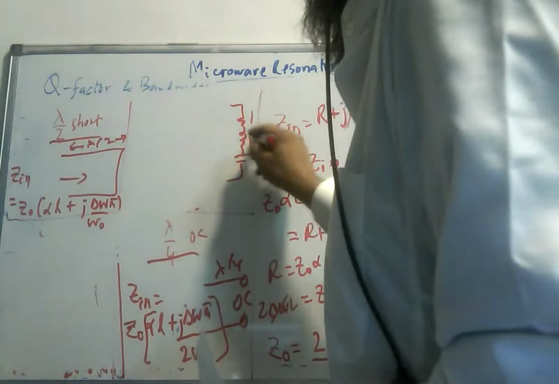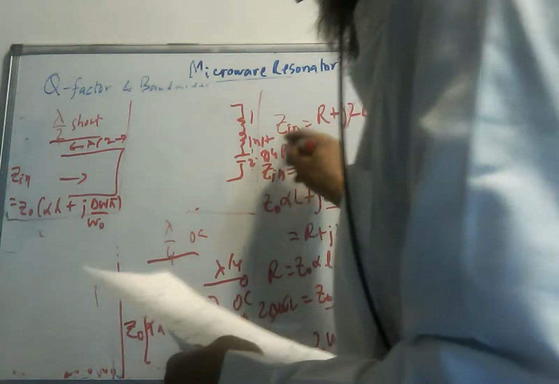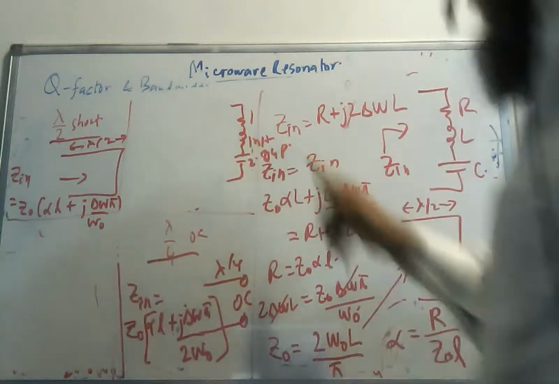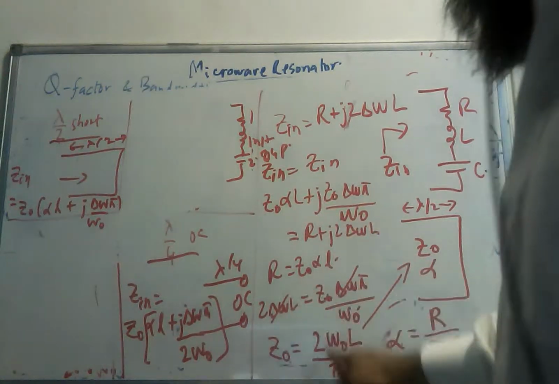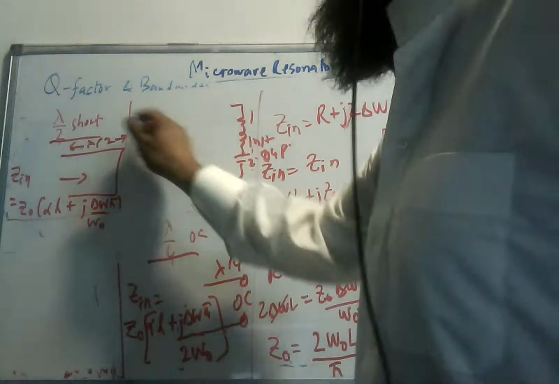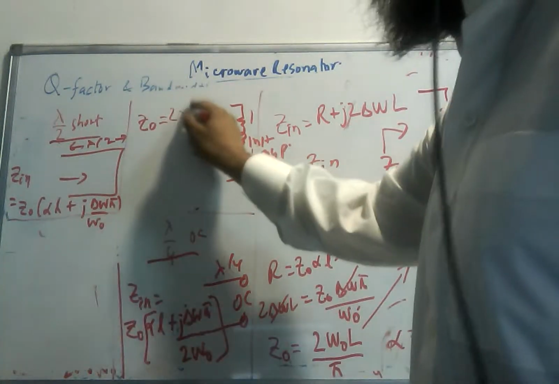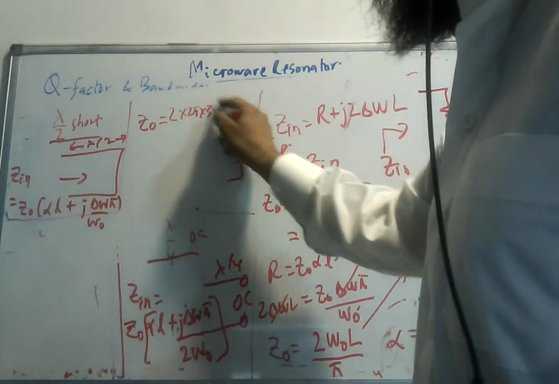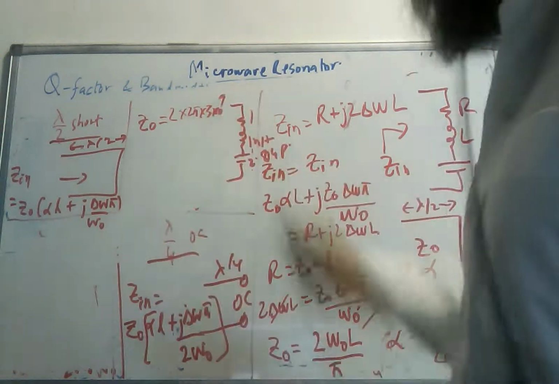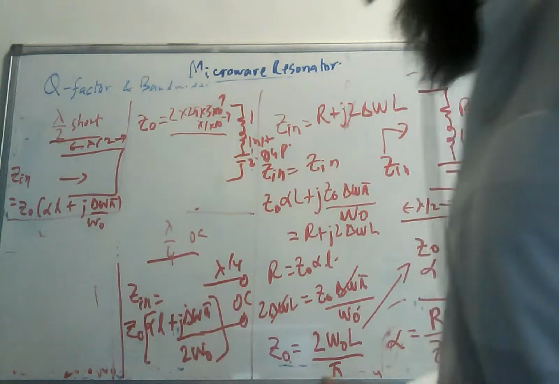This is 1 nanohenry, and this is 2.814 pico. I need to find the impedance of the short. So Z naught will be 2 omega naught L divided by pi, where omega naught is 3 gigahertz. So 2 multiplied by 2 pi multiplied by 3 multiplied by 10 to the power 9 multiplied by L, which is 1 multiplied by 10 to the power minus 9, divided by pi.